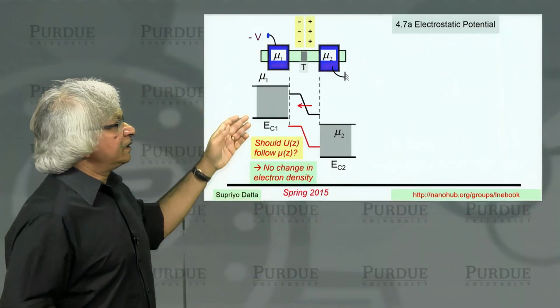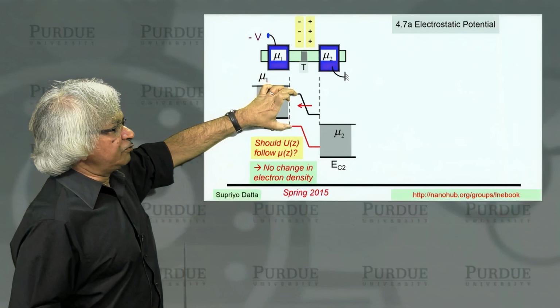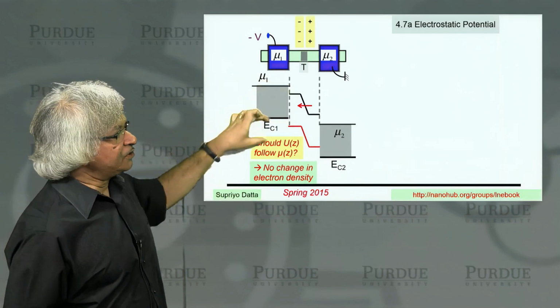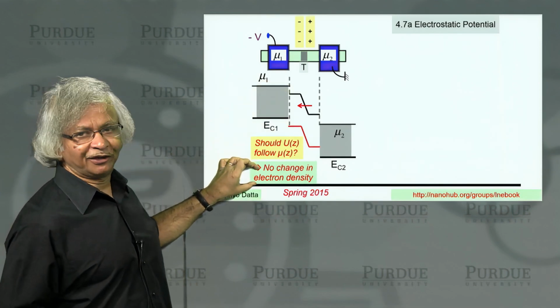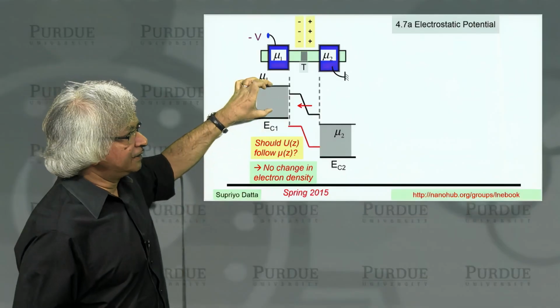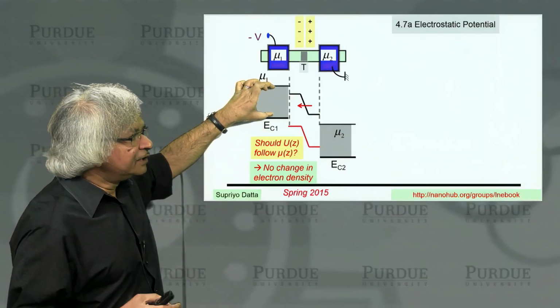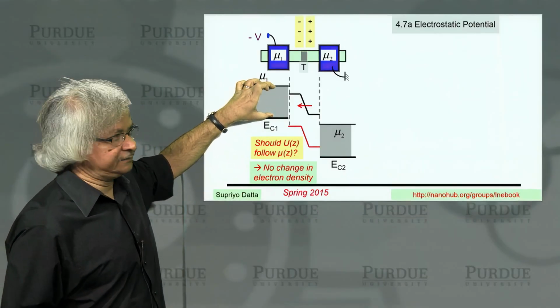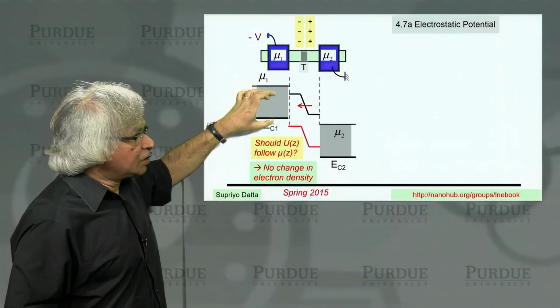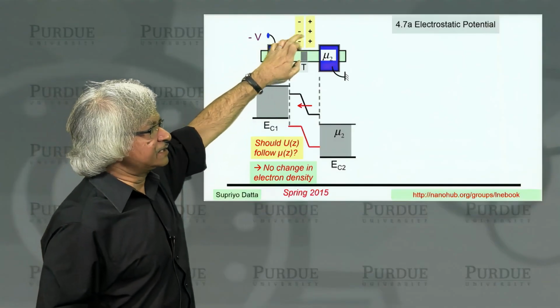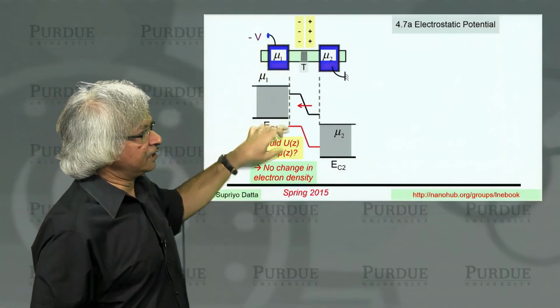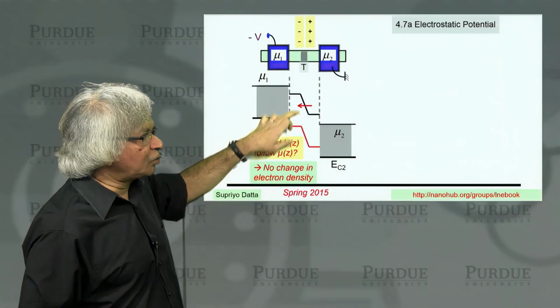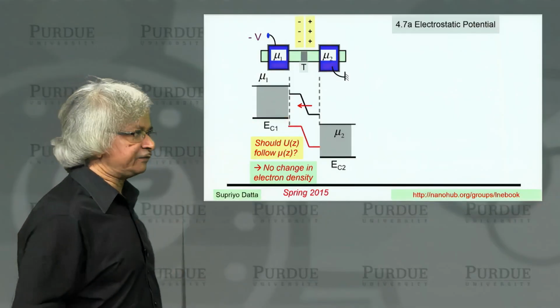But if U and mu were to follow each other exactly, there would not be any change in electron density, because this distance is a measure of the electron density. So in order to accommodate these extra electrons or this deficit of electrons, this curve cannot quite follow that. It has to be a little different.